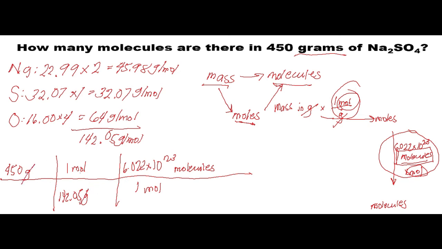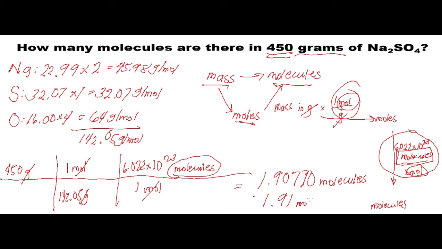Grams will cancel, then moles will cancel. This will leave us the molecules. Solving this equation, this will give us 1.90770 times 10 to the 24th molecules. Since the given has only three significant figures, our final answer will be 1.91 times 10 to the 24th molecules.